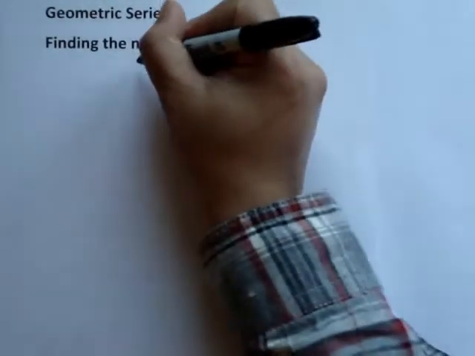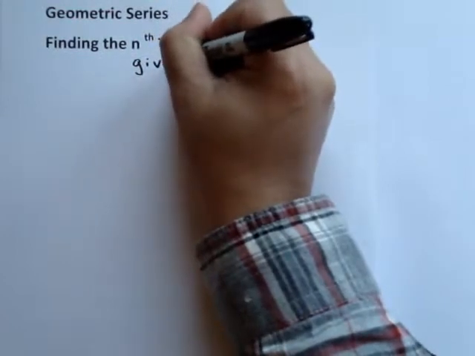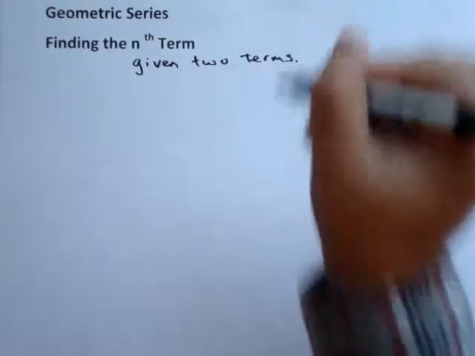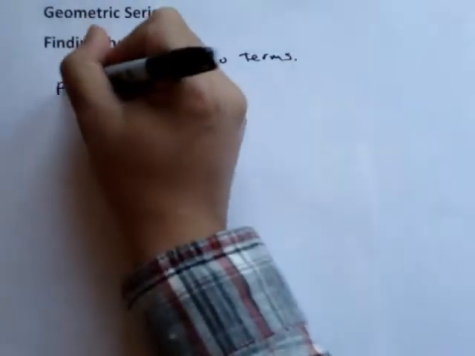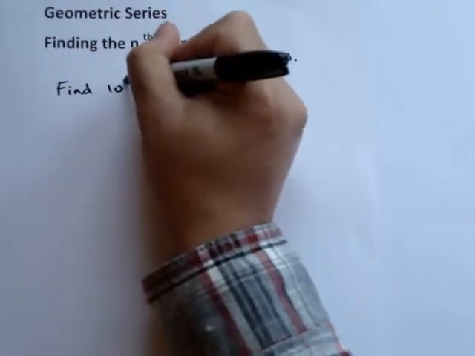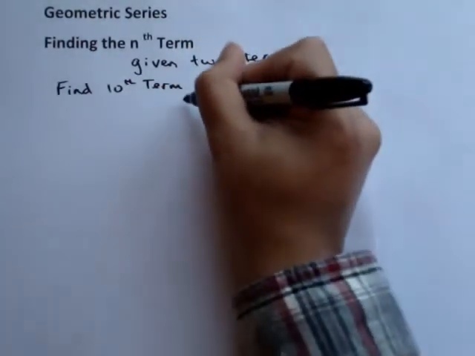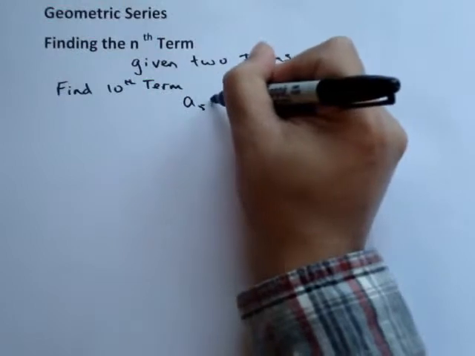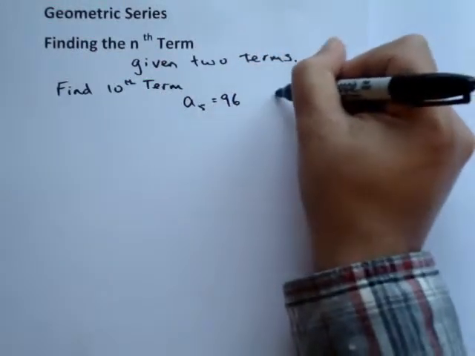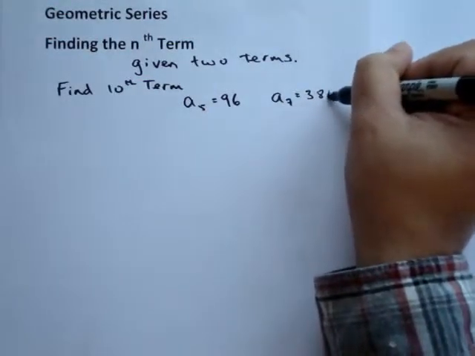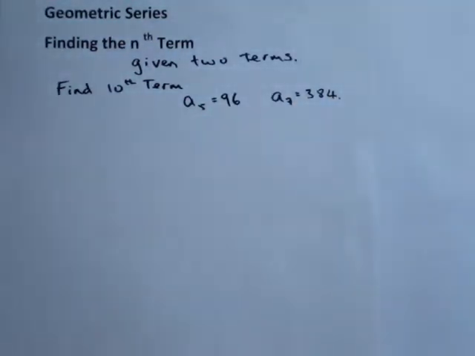In this question we're going to have a look at the geometric series and finding the nth term when we're given two terms. So here we're asked to find the 10th term, and we're given that a sub 5 is 96 and a sub 7 is 384, and we have to find a sub 10.